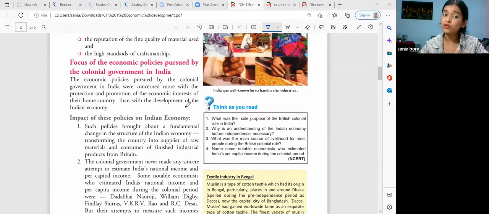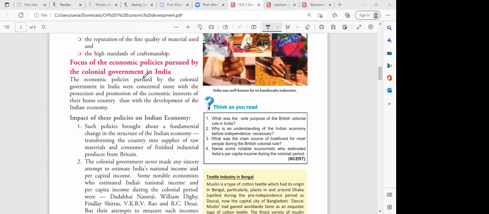This term you have to learn: protecting and promoting. Protect: I don't want to use my resources, I'll use someone else's resources, but I will sell the product in my name, saying I produced this and that. So the main motive was protecting and promoting their home country, but they did not want to let India grow or develop. Clear?